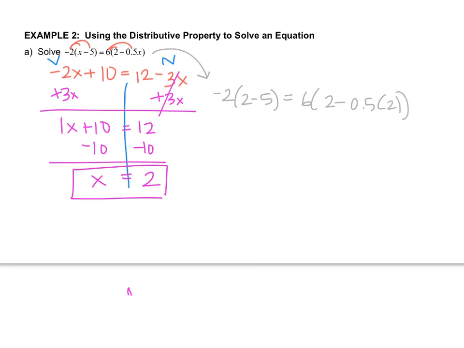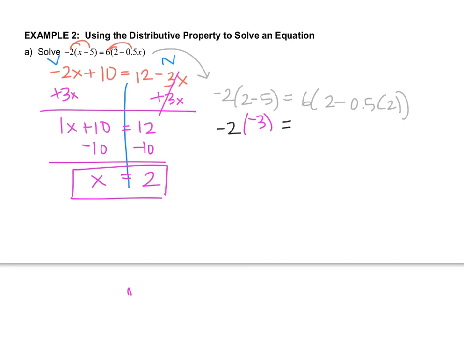Okay, now we just follow regular order of operations. We're just doing calculations. And back in like 4th grade, when you learned how to do calculations, you followed the order of operations. So we're just going to do our parentheses first. So the first thing that we do is everything that's in a parentheses. So 2 minus 5 is negative 3. I'll bring down the rest of the left-hand side.